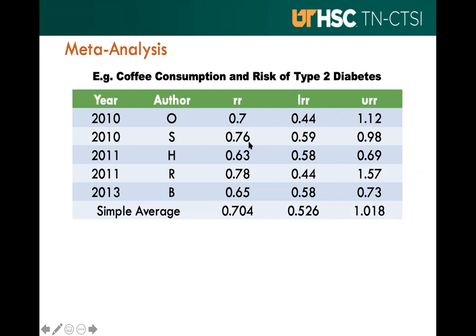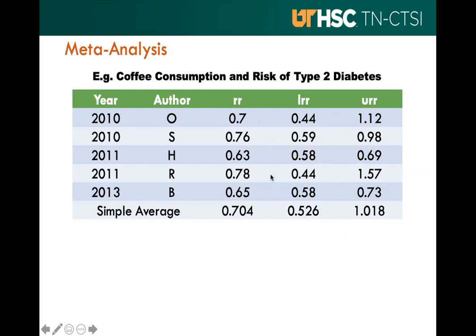In the second one, the point estimate is 0.76, and the 95% confidence interval ranges between 0.59 and 0.98. In some studies, like here, the 95% confidence interval covers 1, and here again.